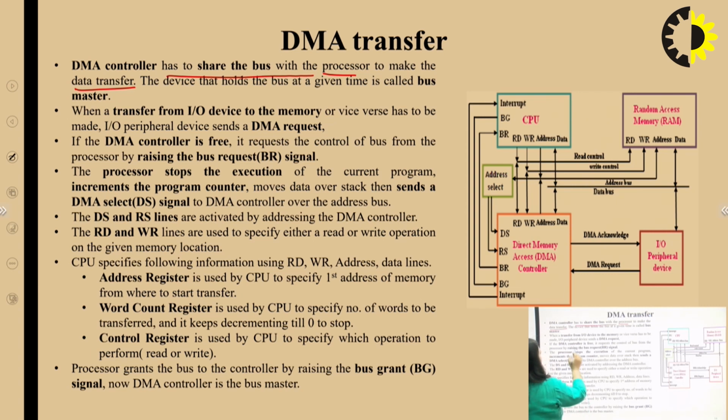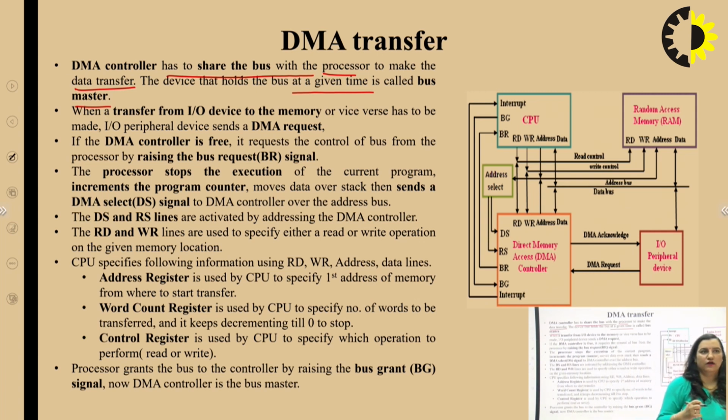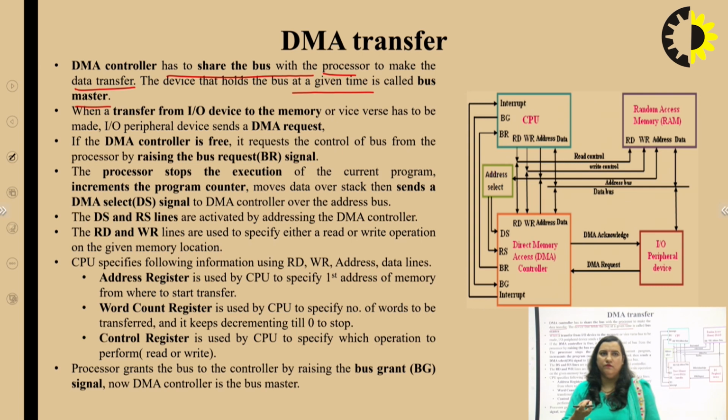The device that holds the bus at a given time is called the bus master. Here the CPU holds the control of the buses. So the CPU is the bus master and DMA shares the buses from the CPU, so it acts as a bus slave.